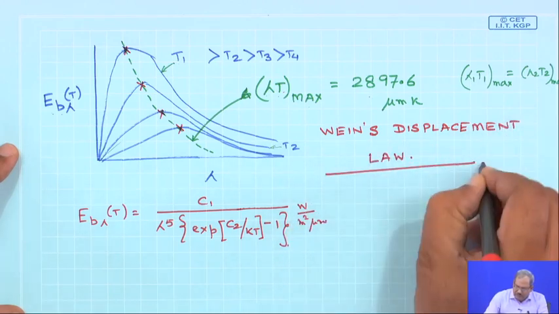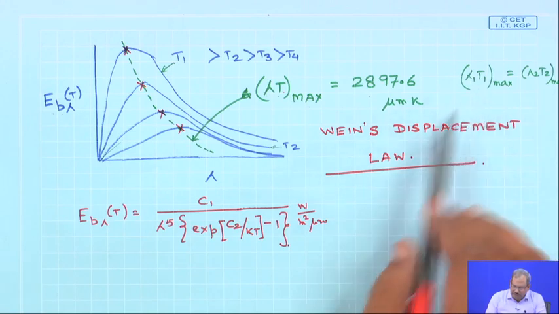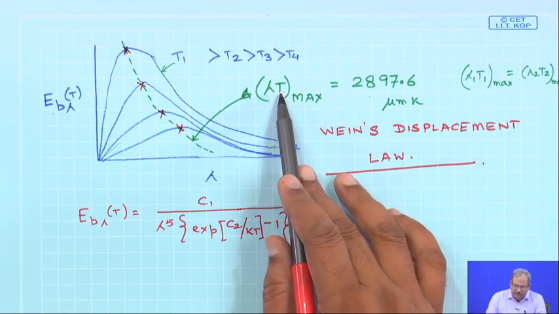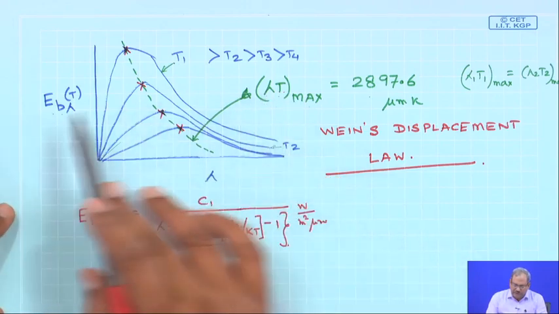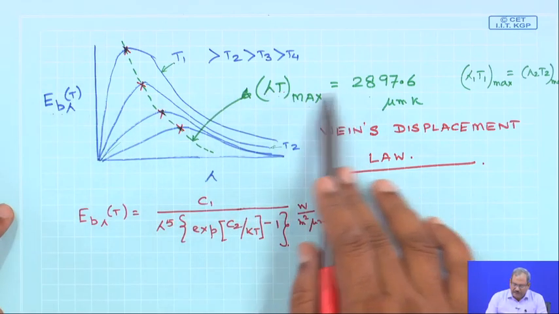What it states is that if you know the temperature, then the corresponding value of the wavelength at which E_b lambda T is a maximum can be simply obtained by this relation.